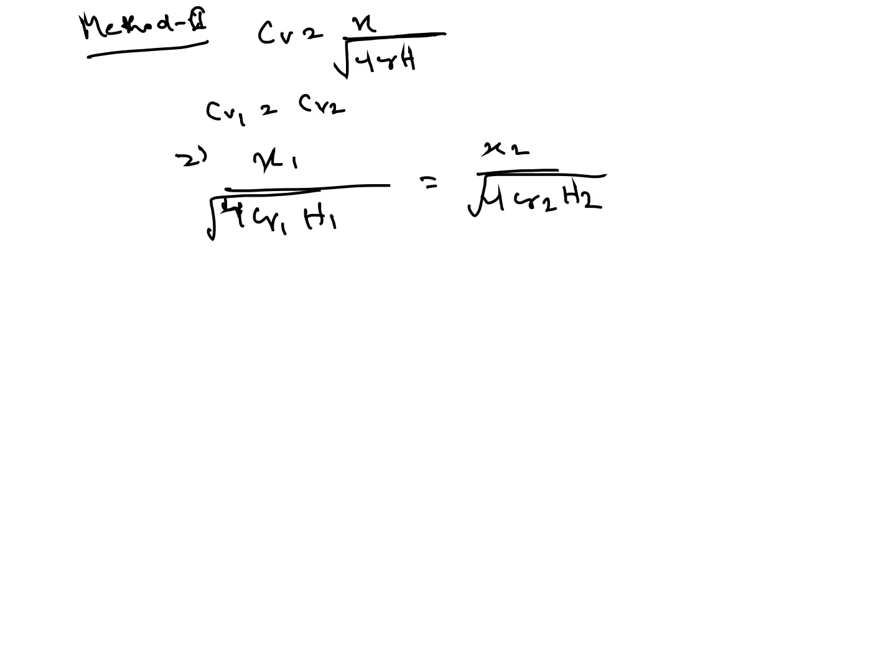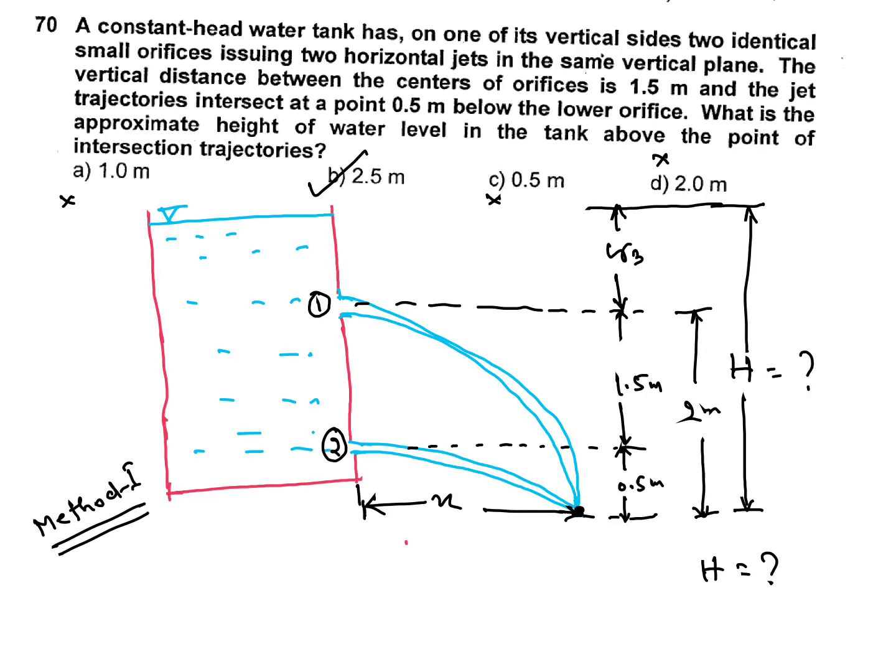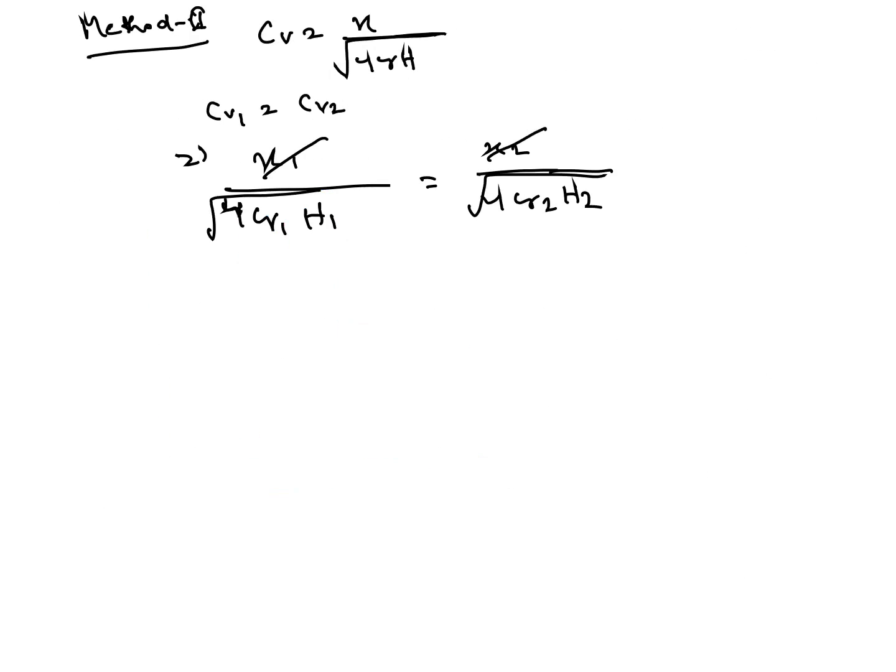x1 and x2 both are same. Horizontal distance, this distance x, both are same. So 4y1 h1 equal to 4y2 h2. Here in case 1, y1 is 0.5 plus 1.5, it's 2.